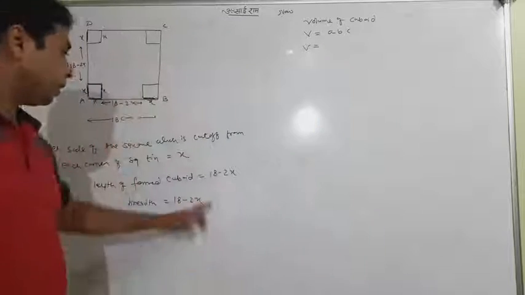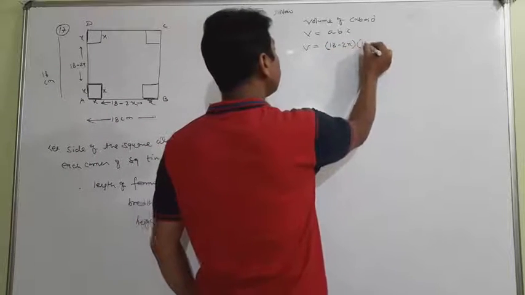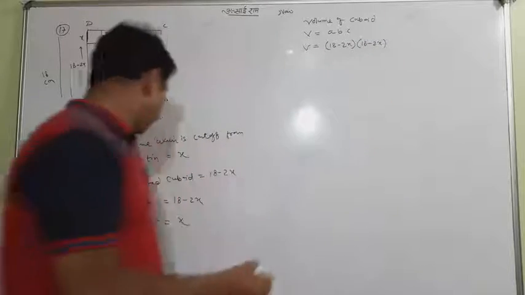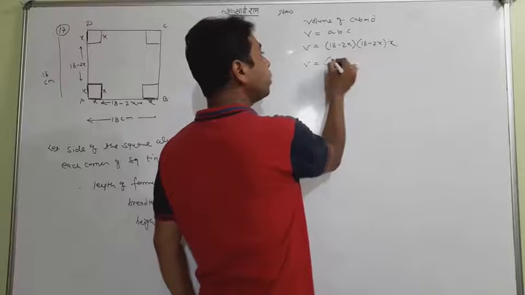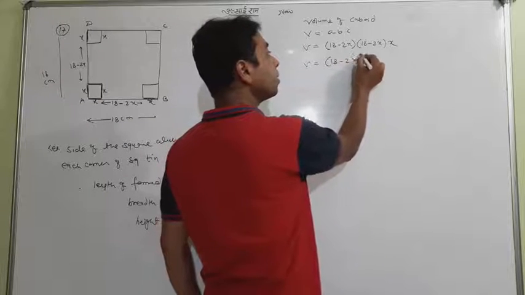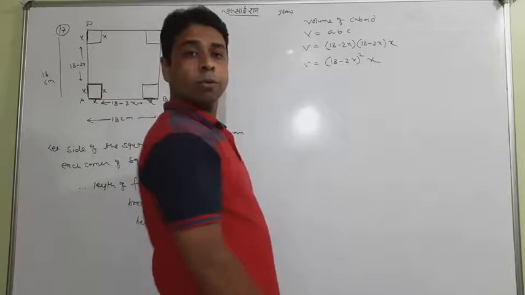Length is 18 minus 2x, breadth is 18 minus 2x, and height is only x. So can I write V is 18 minus 2x whole square, into x.